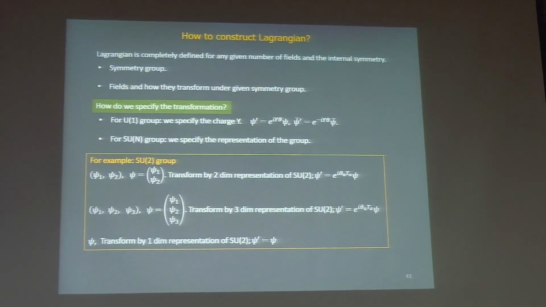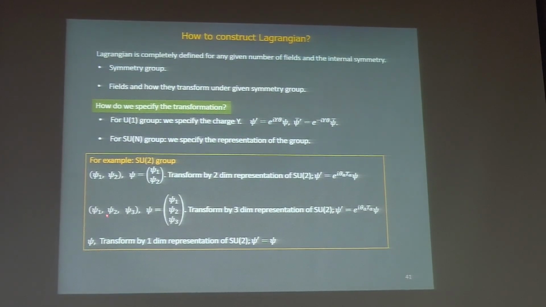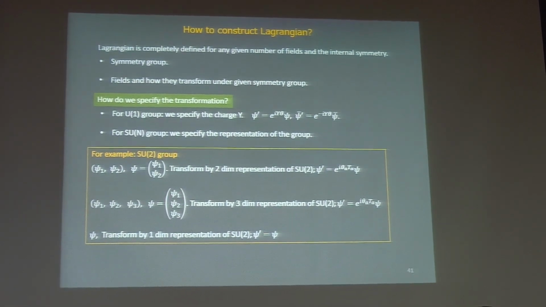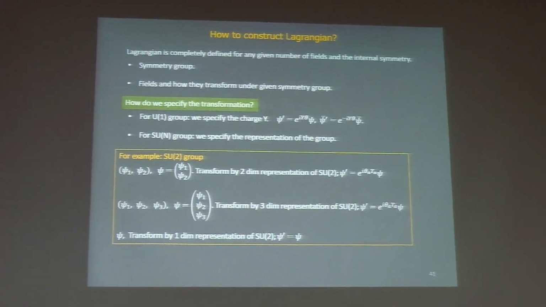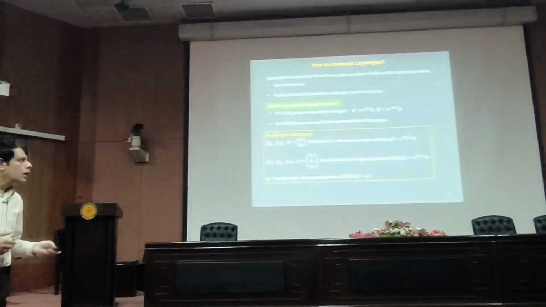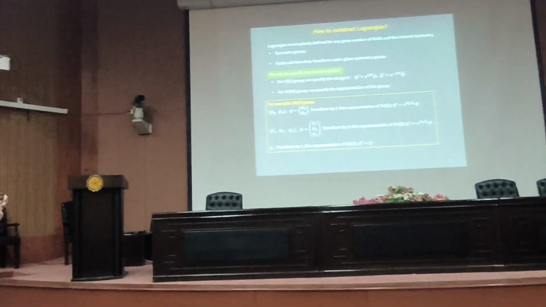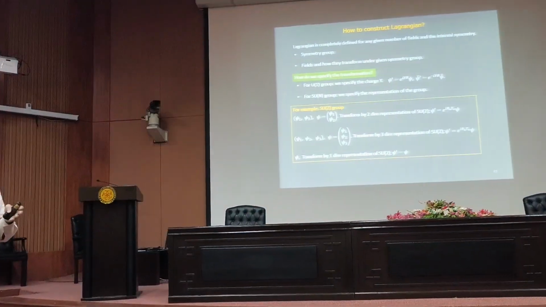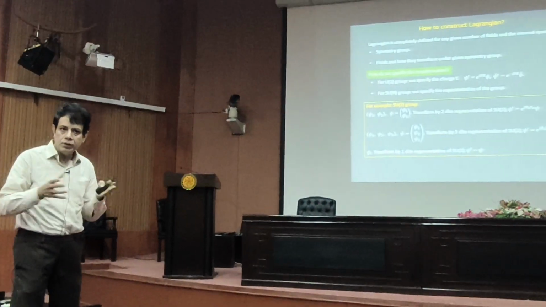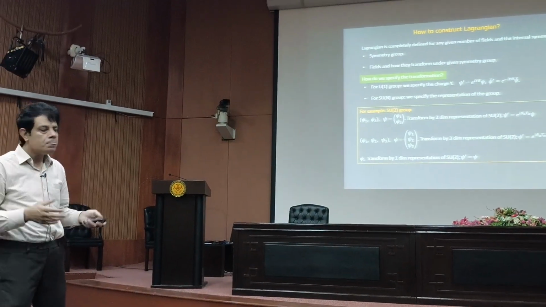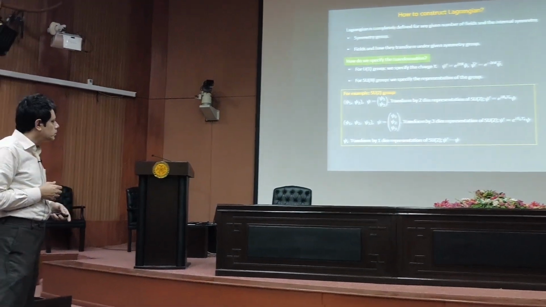And if you have, say, three fields, and the group is still SU2, then these three fields form a triplet, and they may transform by the 3-dimensional representation of SU2. And in this case, the transformation is exactly the same, but the generators are not 2x2 matrices, they are 3x3 matrices, but they furnish the representation of the SU2 group.